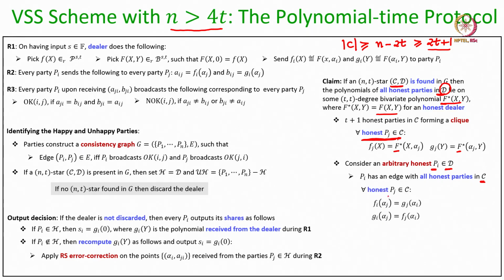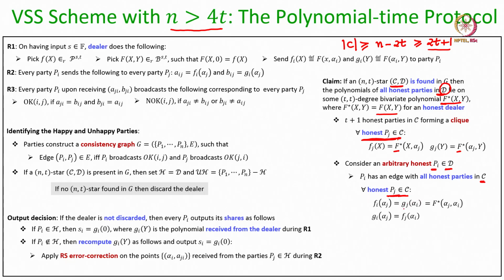That means if I take every honest Pj in the C component of the star, the column polynomial of Pi and the row polynomial of Pi are pairwise consistent with the row and column polynomials of the honest parties Pj in the C component of the star.